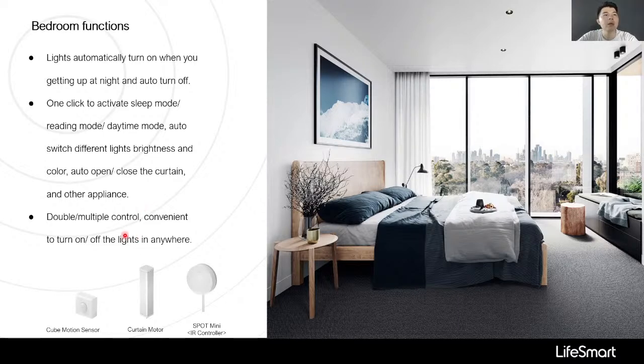A double control or multiple control is convenient to turn on or turn off the lights anywhere. It's a cube motion sensor, curtain motor, a smart mini. It's a sport mini. It's an IR controller.